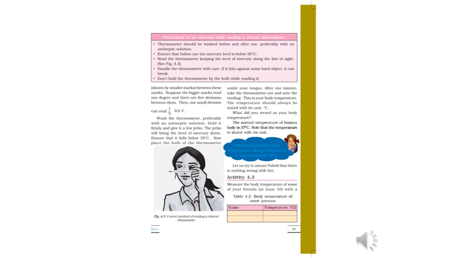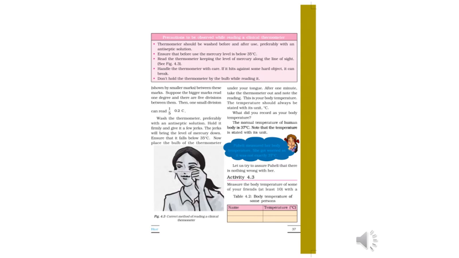So these are the main precautions we have to keep in mind while using the thermometer. The thermometer should be washed with an antiseptic solution before and after use, and the mercury level should always be below 35 degrees by jerking it, and the thermometer reading should be along the line of sight.